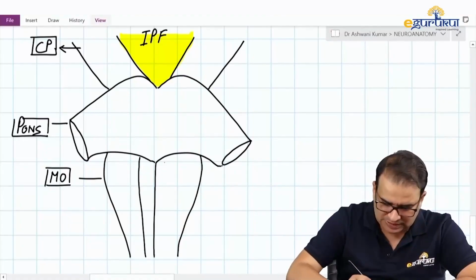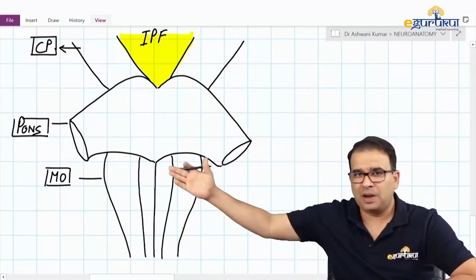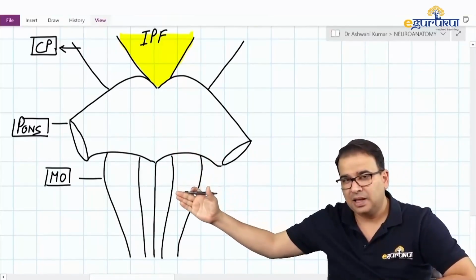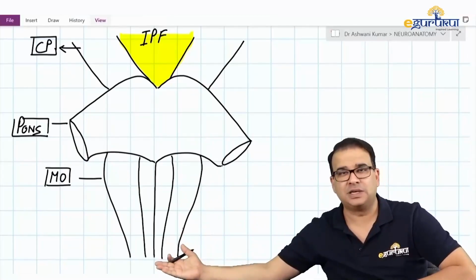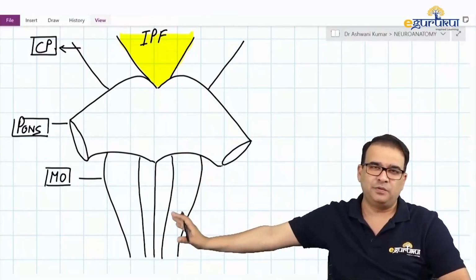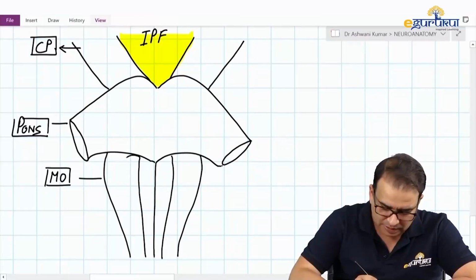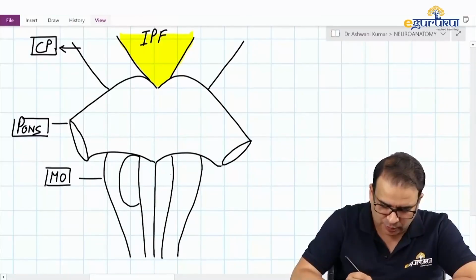close to the midline, you will see these elevations which are called pyramids. Clearly we call them pyramids because of the pyramidal tract. As we know, the pyramidal tract keeps running on the same side, and in the lower medulla oblongata, they decussate. So that's why you can see the pyramid present in most of the ventral aspect of the medulla. And more lateral to the pyramid, you can see another very prominent elevation called the olive.